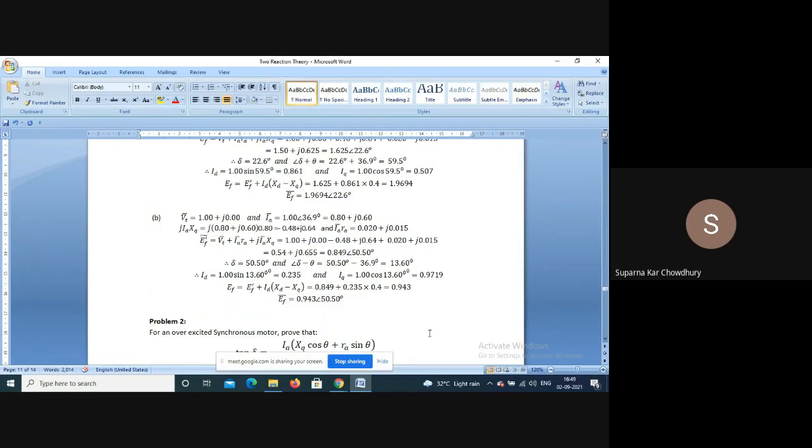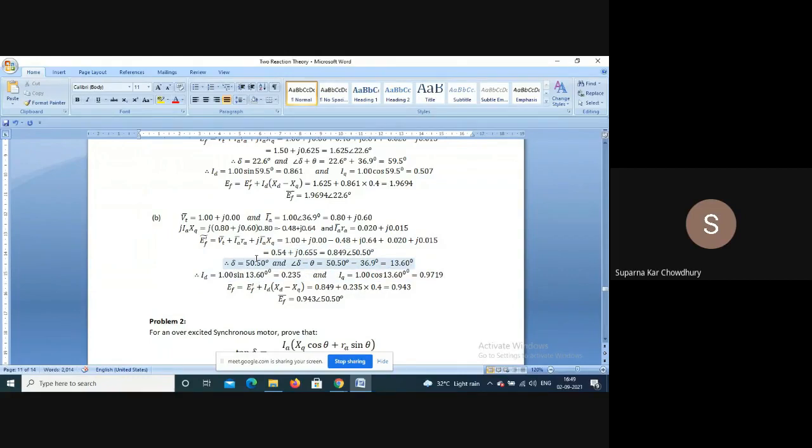Now if it is a leading power factor, Ia is 0.8 plus j0.6. Similarly we find out jIaXq. So this is 0.02 plus j0.015. So Ef dashed is equal to Vt plus IaRa plus jIaXq. Adding, we get 0.9849 angle 50.5.